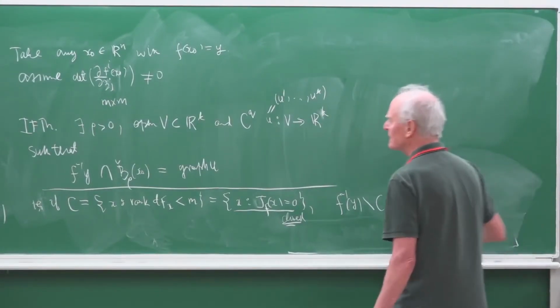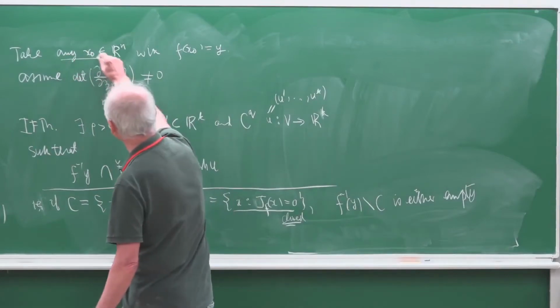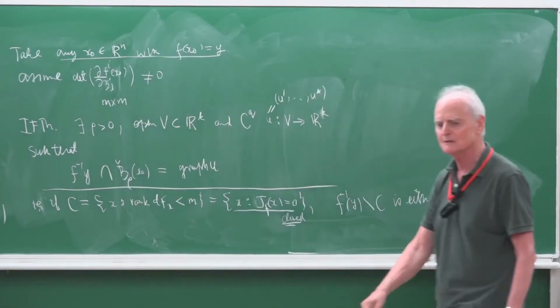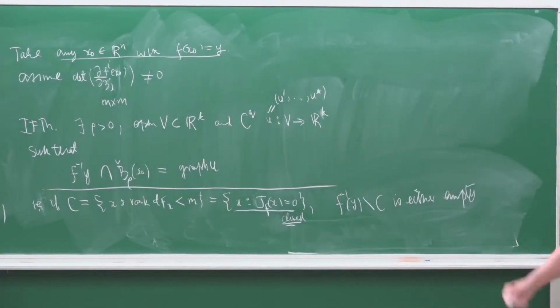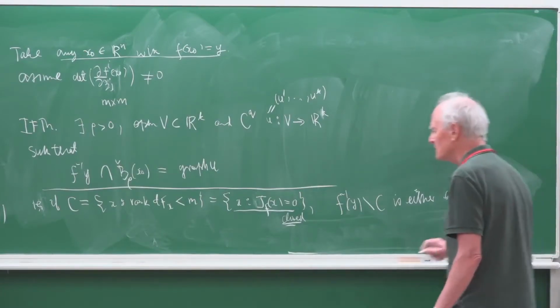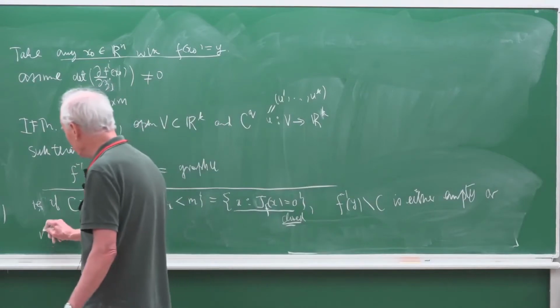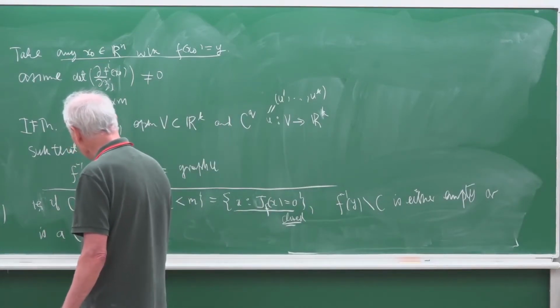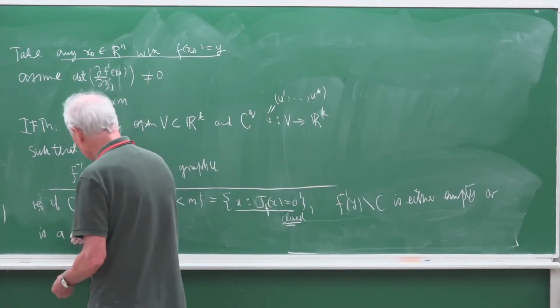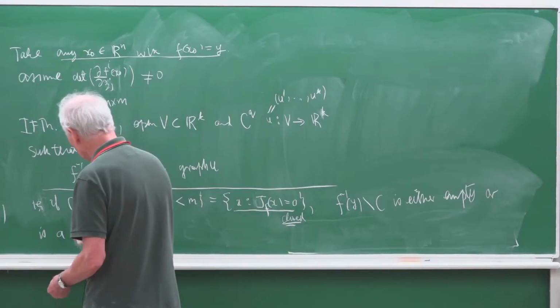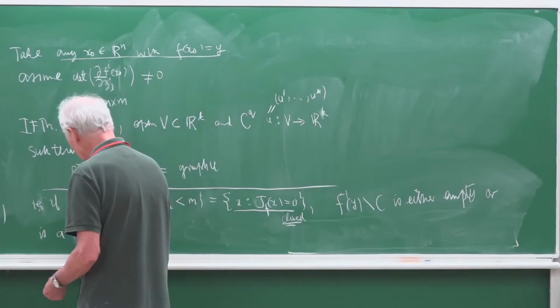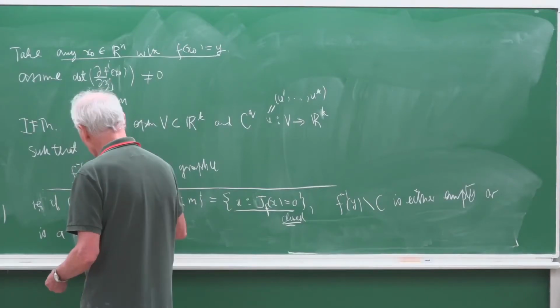There may be no x0 to get you started here. We had to assume that there was an x0 to get started, right? There may be no such. It may be empty. But it's either empty or is a C^q, k-dimensional C^q submanifold of R^n.